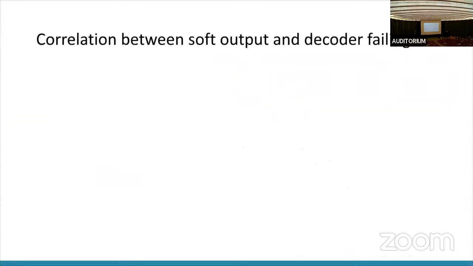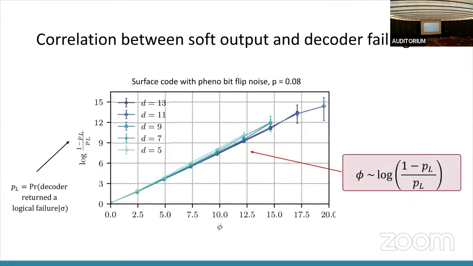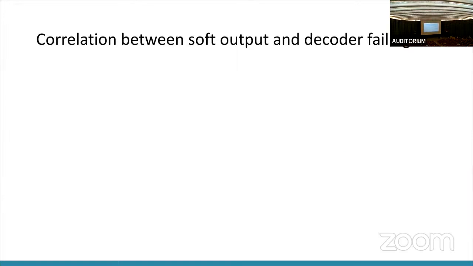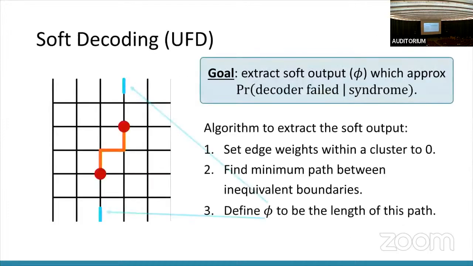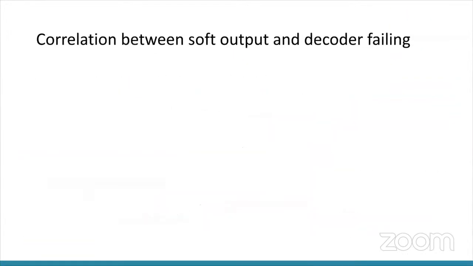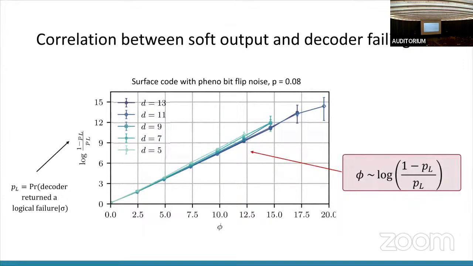Okay, and so this is just an algorithm that we came up with that extracts soft output, but we don't know if it's actually correlated with the decoder failing. And so we ran some numerics to see this correlation. We ran some simulations where this surface code has phenomenological bit flip noise.